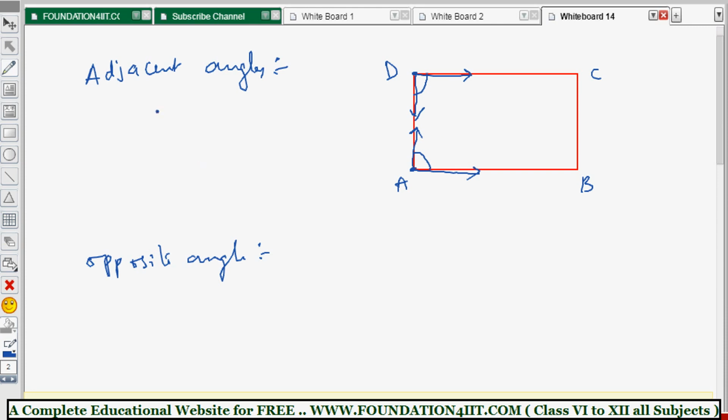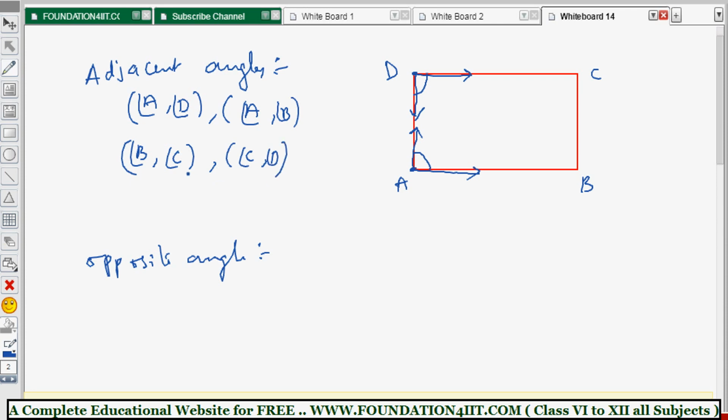So angle A and angle D are adjacent angles. Similarly, angle A and angle B, because AB is common, and angle B and angle C are adjacent angles, and angle C and angle D are adjacent angles.